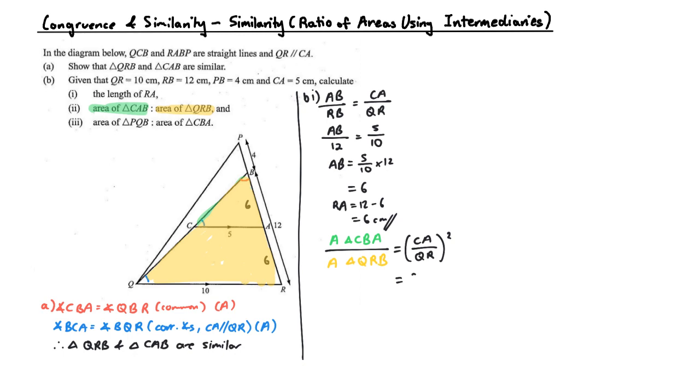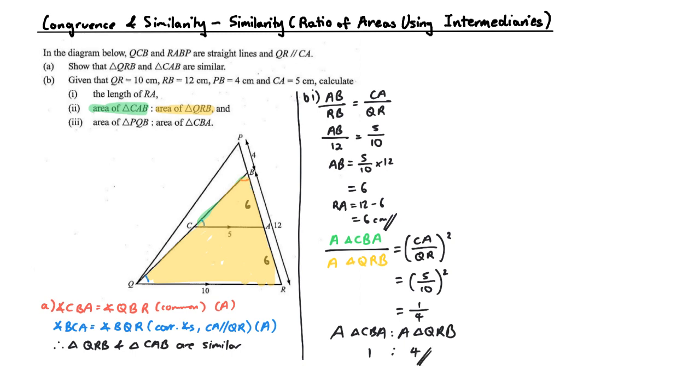We know this is 5 over 10 squared. That gives you 1/4. So the area of triangle CBA to the area of triangle QRB is 1:4.